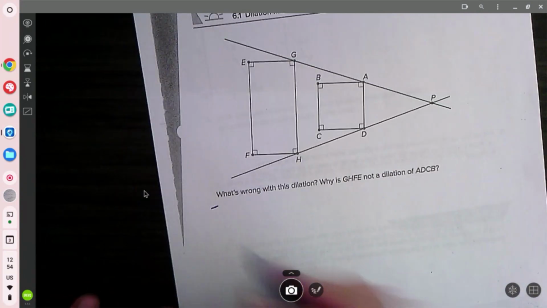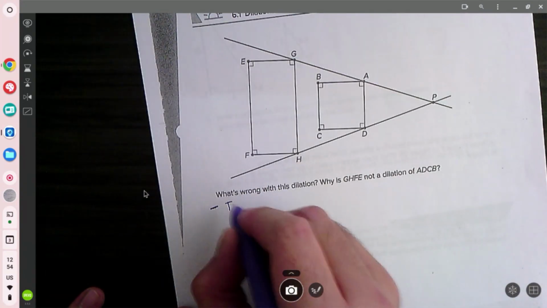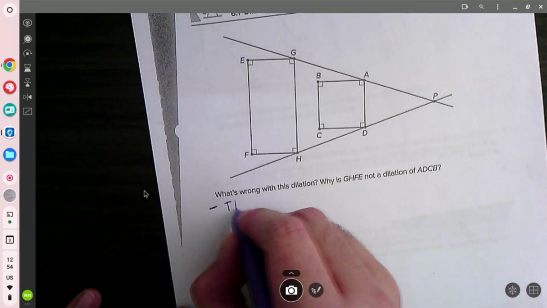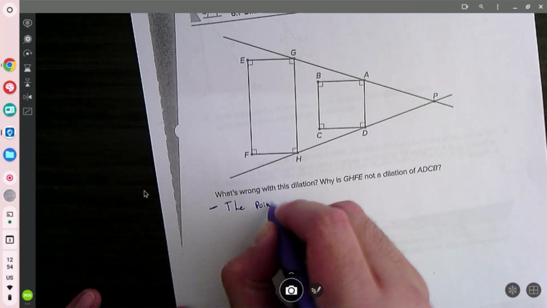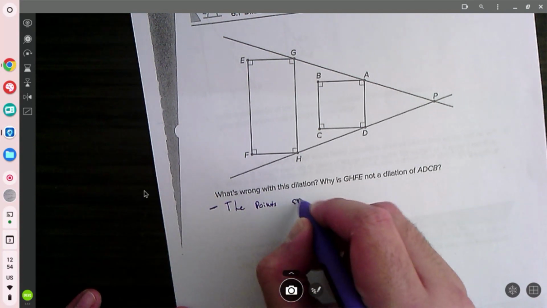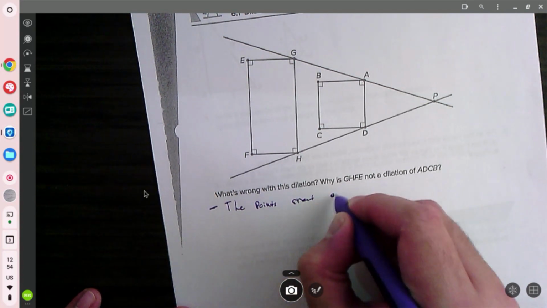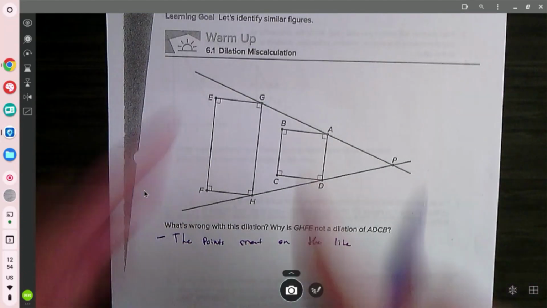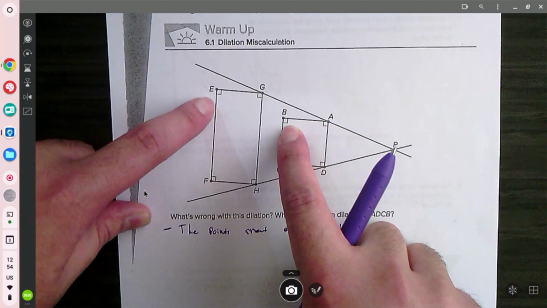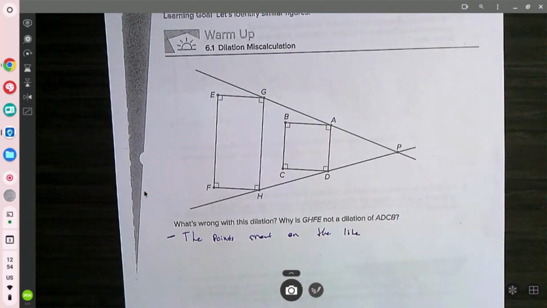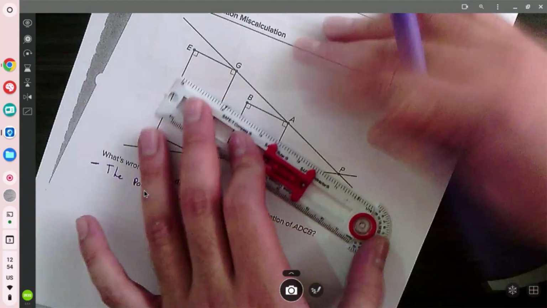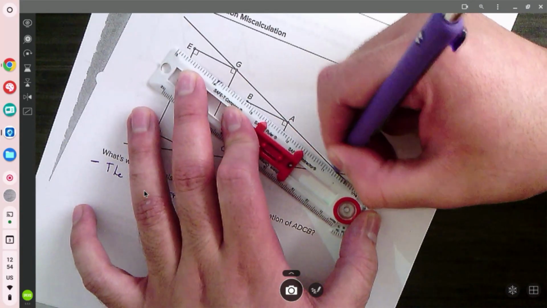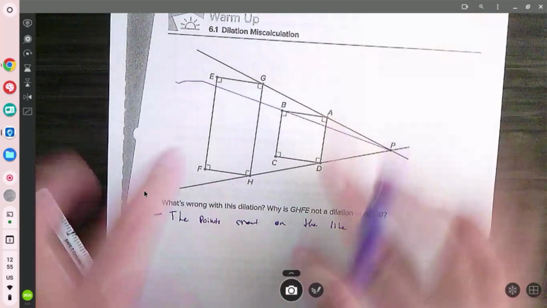Okay, so Micah said that the points aren't on the line, right? We look at B and E, they aren't on the line, and if we were to extend the line from our B to our E, we would see that it should go further out.